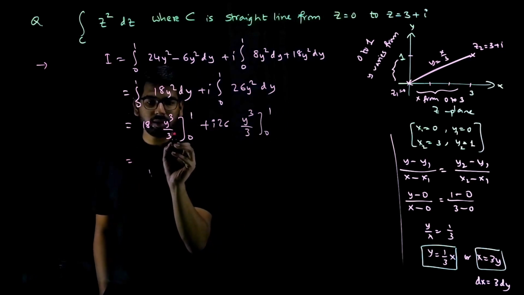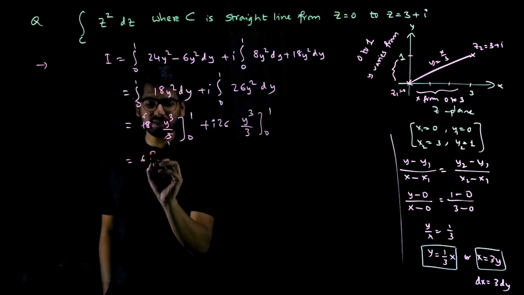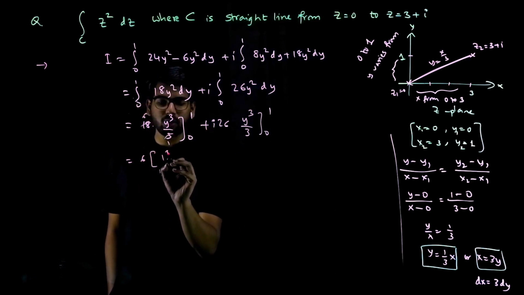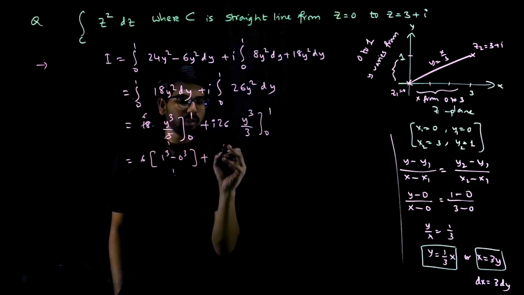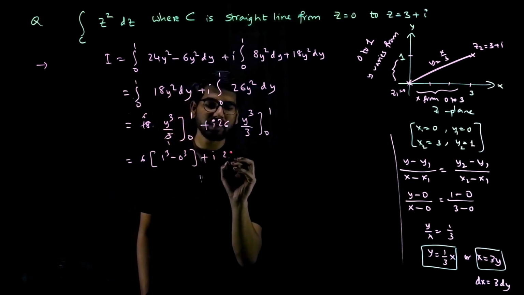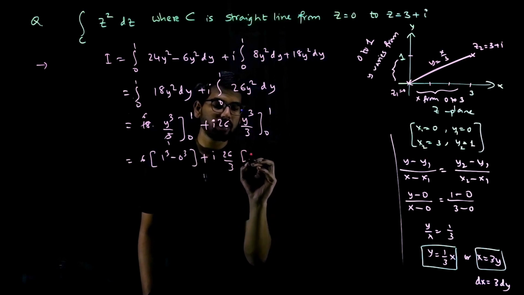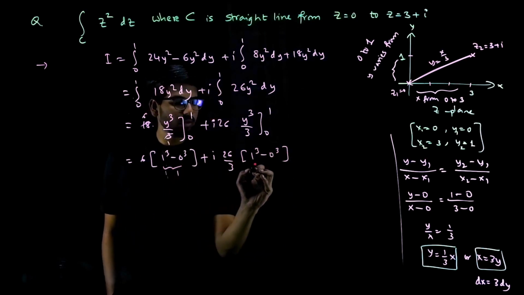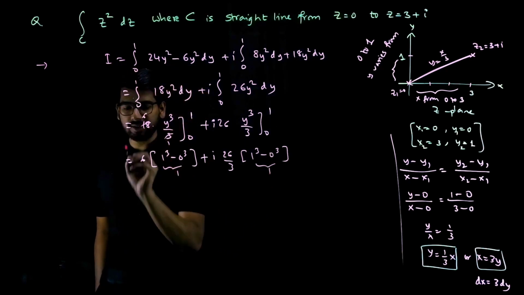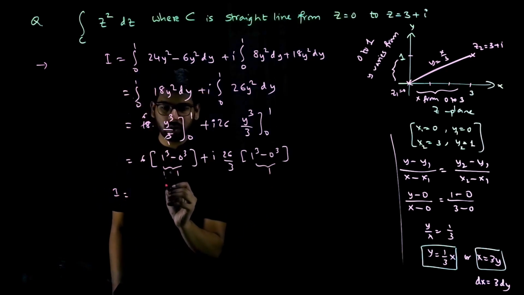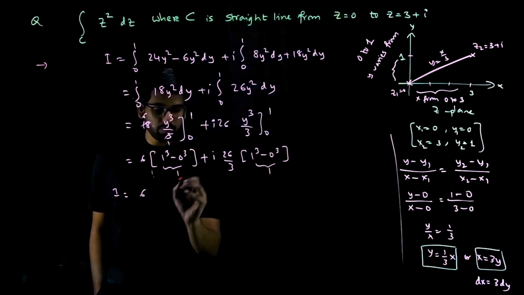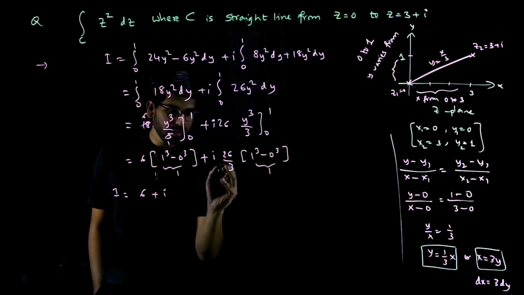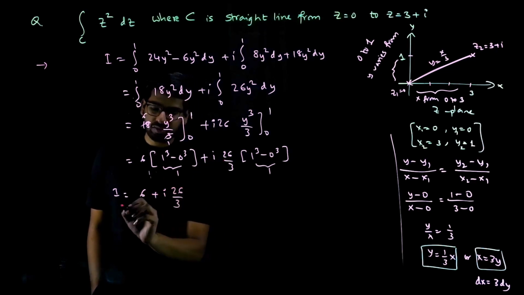So 3 ones are 3, 6 are 6. y cube is 1 cube minus 0 cube, plus i, 26 by 3 as it is. 1 cube minus 0 cube is nothing but 1. So the integration is nothing but 6 plus i times 26 by 3.